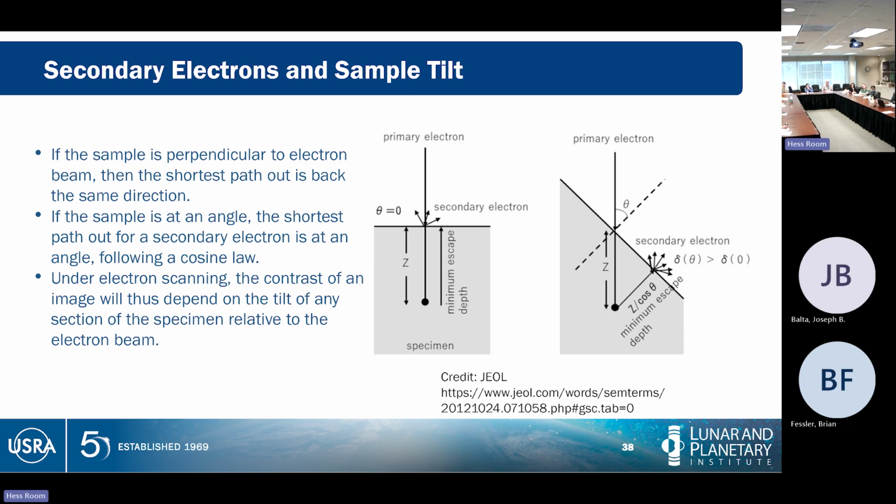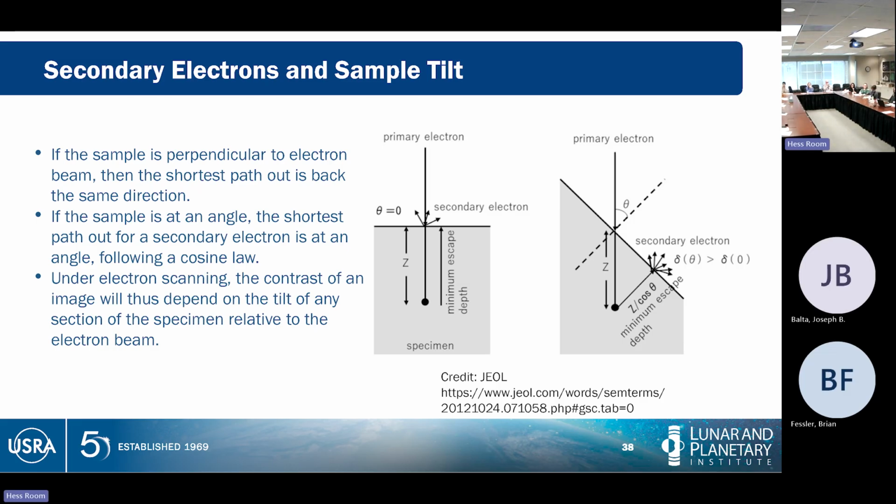If your sample is fully flat here, electrons come in, get generated, and then escape from some depth. If your sample has a rough edge in this type, well, here we send an electron into the sample. It's generated here, has a longer path to get out here than it does here.